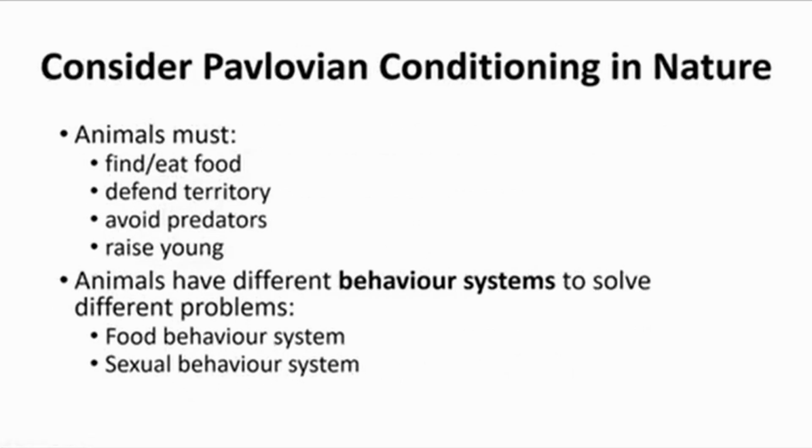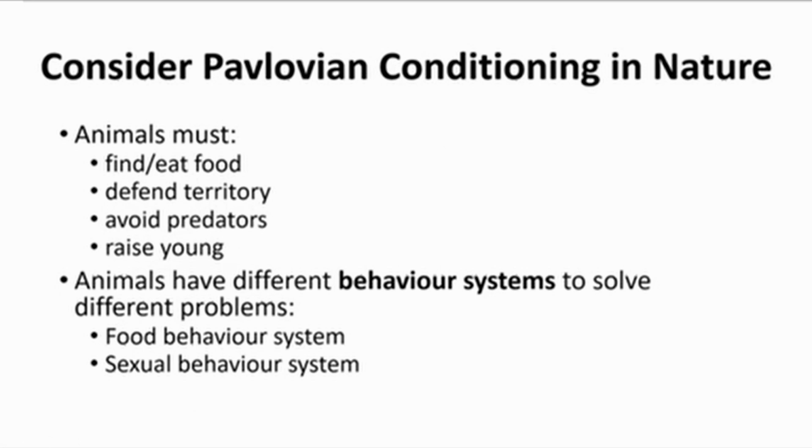So in the wild, animals have to find and eat food, they have to defend their territory, they have to avoid predators, they have to raise their young, they have all of these different things that they have to do. And we've talked about behavior systems that may have evolved to solve different problems.